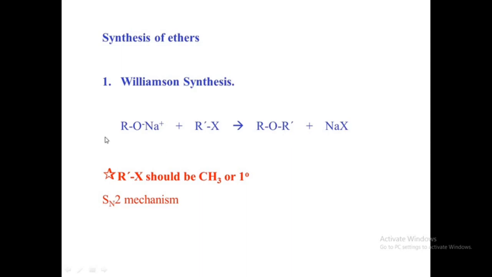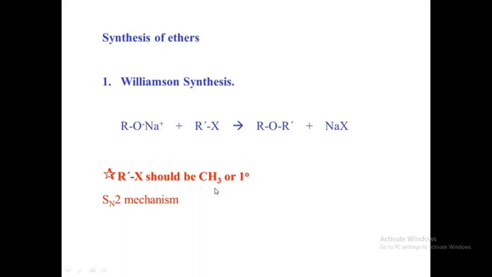The previous method was not useful for preparation of unsymmetrical ethers, but using this method we can simply prepare unsymmetrical ethers. But in this case the alkyl halides should be methyl or primary.